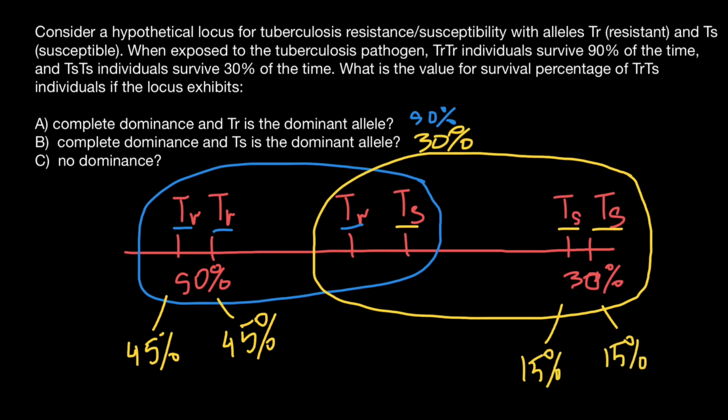And that means that here this TR allele is going to give 45% and the TS allele is going to give 15% of the resistance. And together this is going to be 60% resistance of this genotype. So we put for the third question the answer as 60%.